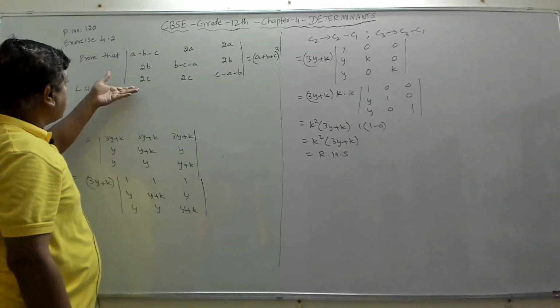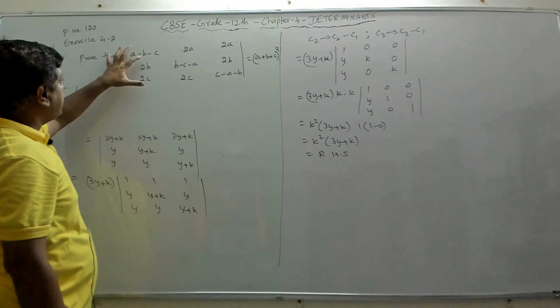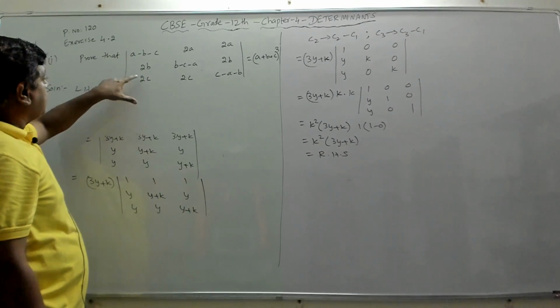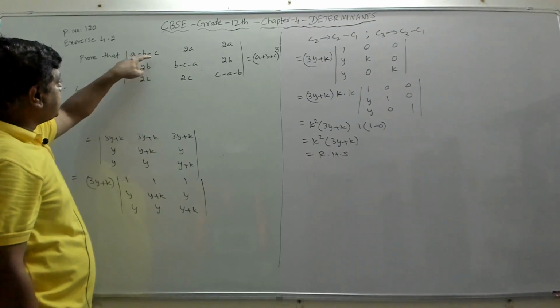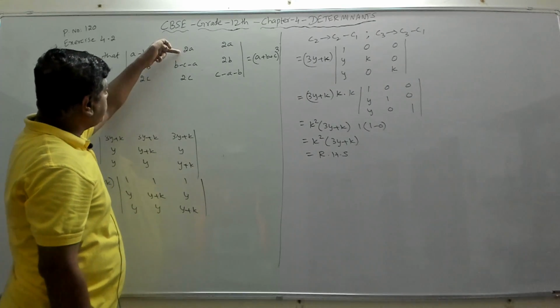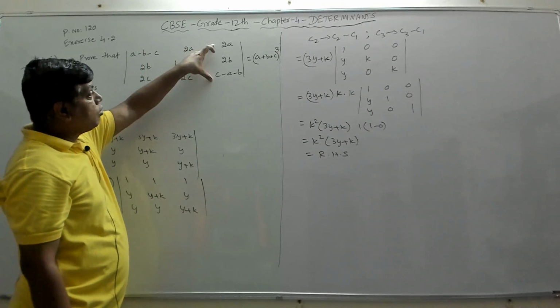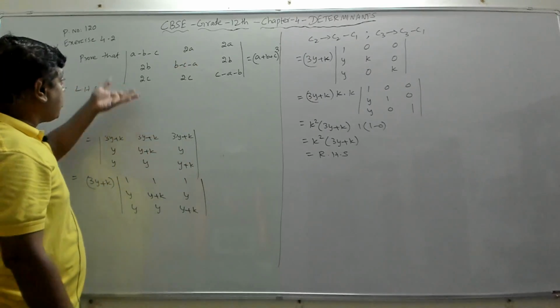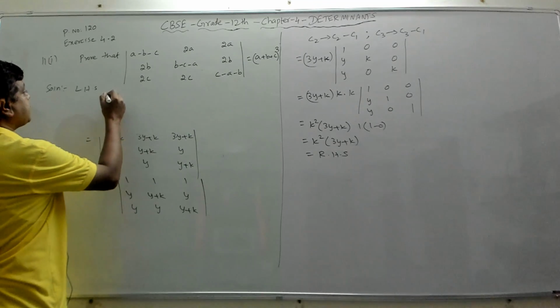And so if I add along the row, if I add all the three, A minus B minus C plus 2B plus 2C will give me A plus B plus C. Again, if I add all the three, 2A plus B minus C minus A plus 2C will give me A plus B plus C. This will also give me A plus B plus C. So adding all the rows gives me A plus B plus C in the first row.